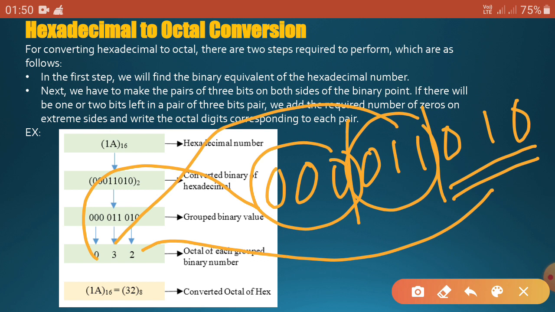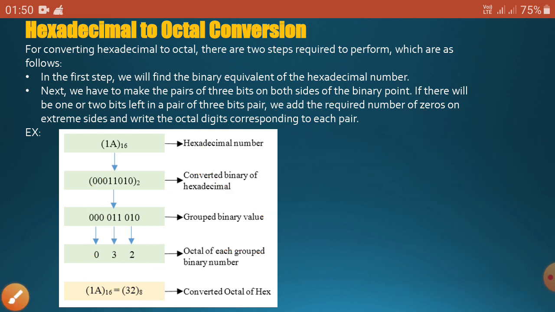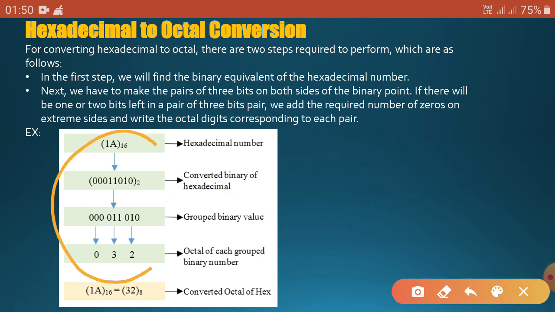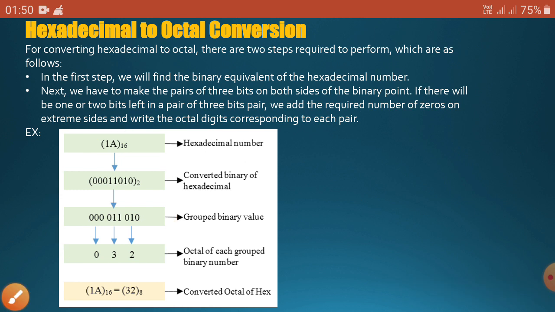So you can write it as 32. If the number in hexadecimal is 1A, it gives us 32 in octal. Look at the steps very carefully and follow the procedure.